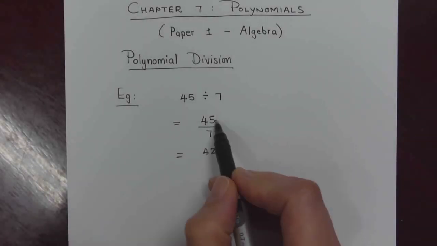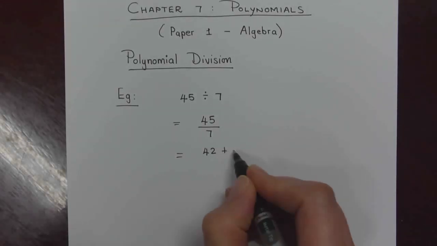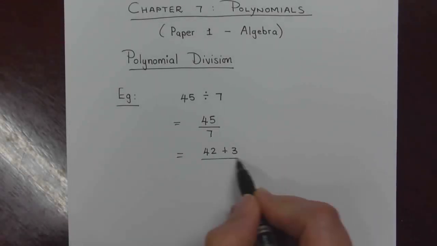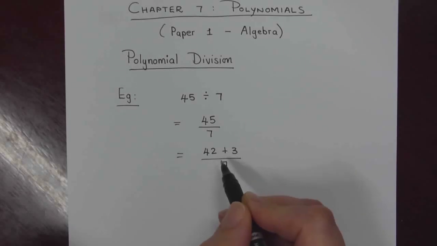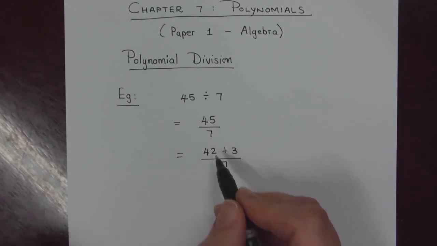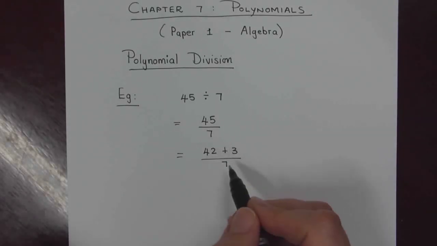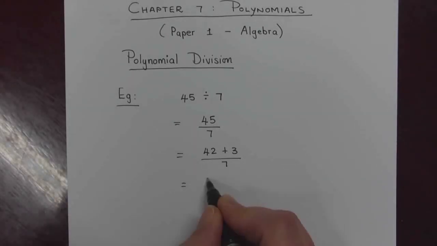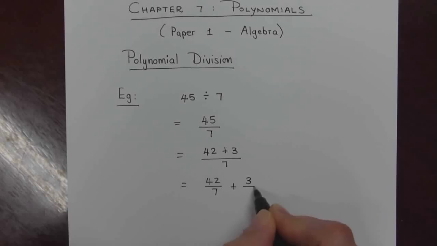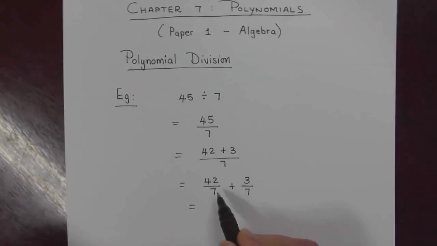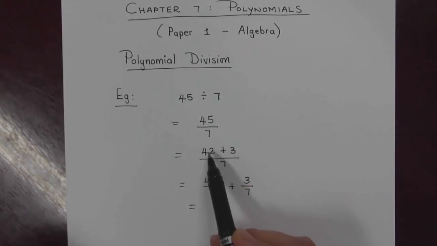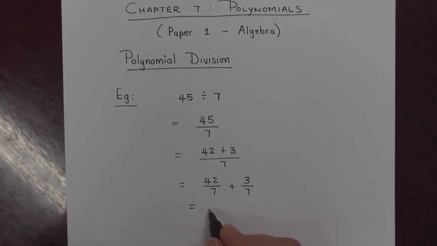So I can split up that 45 into 42 plus 3, and then divide that by 7. Because of the distributive law, I can say it's 42 divided by 7 plus 3 divided by 7. And because 42 is a multiple of 7, which is the way I planned it, 42 divided by 7 is 6, plus 3 over 7.